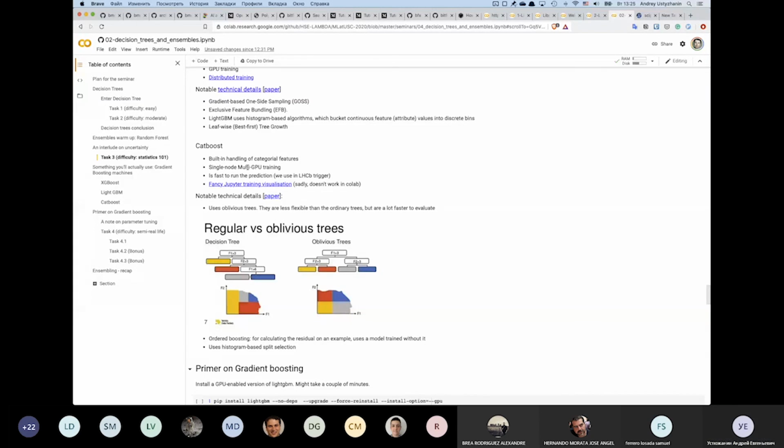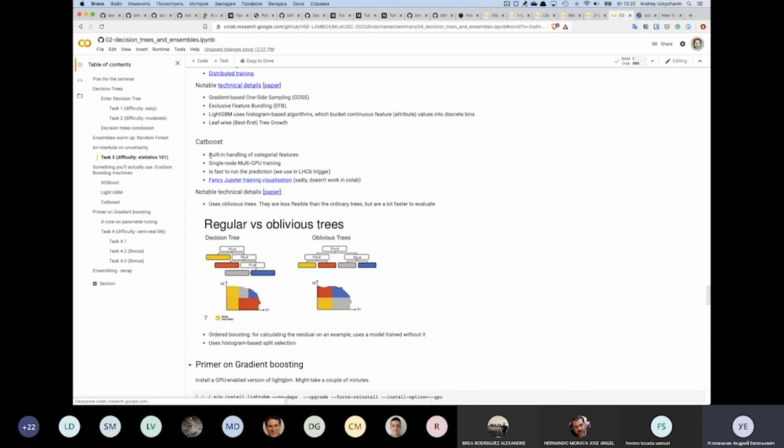Because, for example, if you have electrons with identifier 1 and photons with identifier 6, probably they have something in common, but they will fall into different categories. So these kind of categorical features do not allow you to apply the same splitting heuristic we've been talking about.